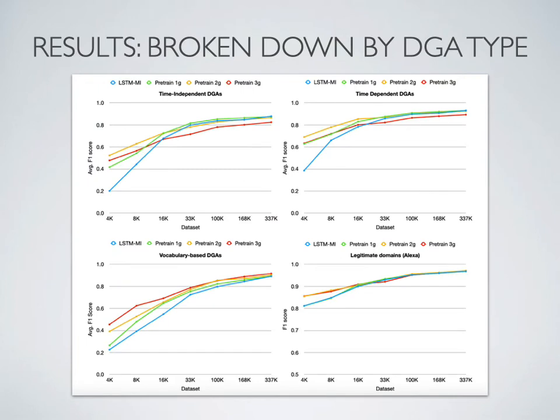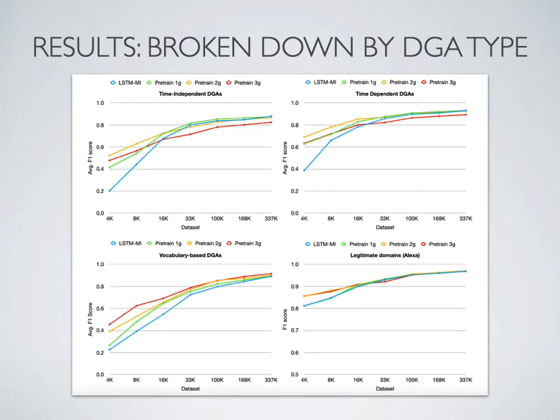We can also break down the results across the different DGA types. We can see that the results obtained detecting legitimate domains are quite good. They are always over 80% of F1 score. We also see that the baseline has problems with the small datasets, so we have very poor performances, specifically for vocabulary-based DGAs and also for time-independent DGAs.